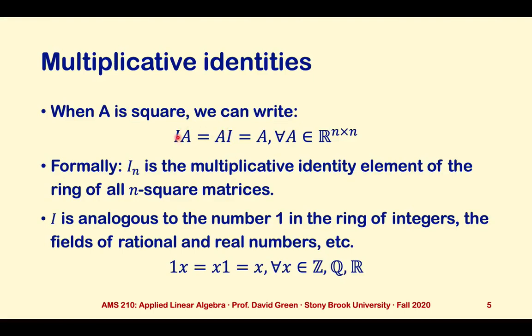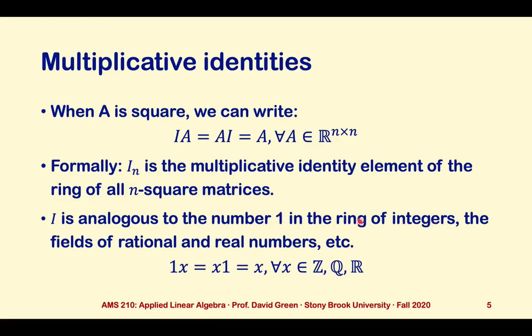The role that the identity matrix plays in this set of all square matrices of a certain size is very much analogous to the role that the number 1 plays in the analogous sets of numbers.